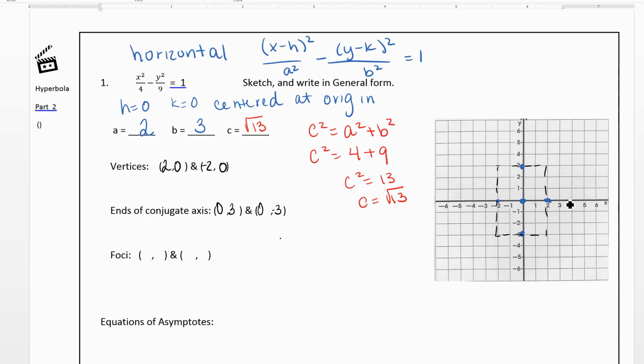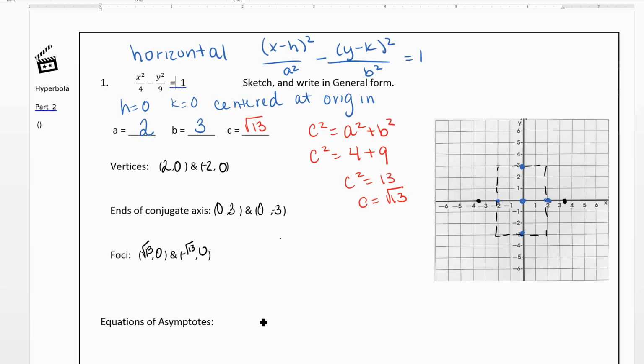So we'll plot it between 3 and 4 and between negative 3 and negative 4 along our horizontal axis, since we've got a horizontal hyperbola. Now here, this would be at square root of 13, 0 and negative square root of 13, 0, because we went that distance from the origin in the horizontal way.